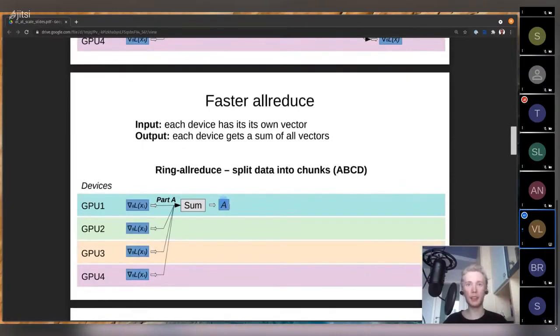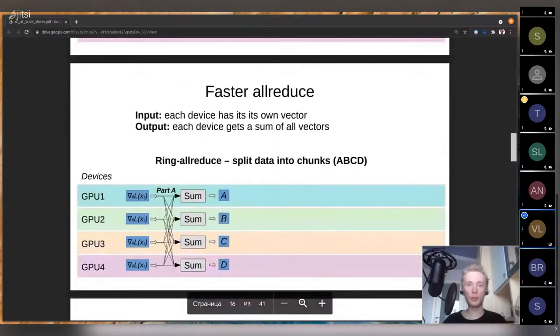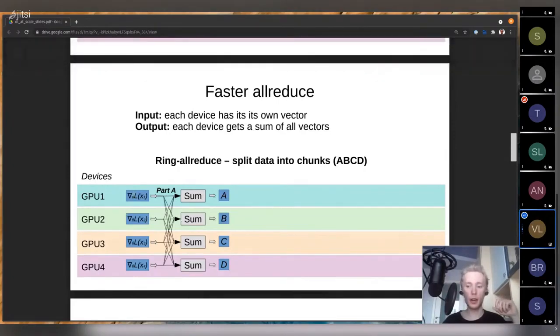So we're splitting the dataset into, in this case, 4 parts, and every GPU is responsible for summing up that part.